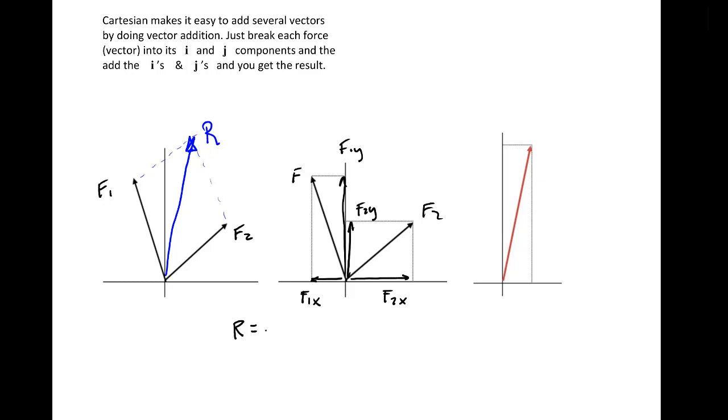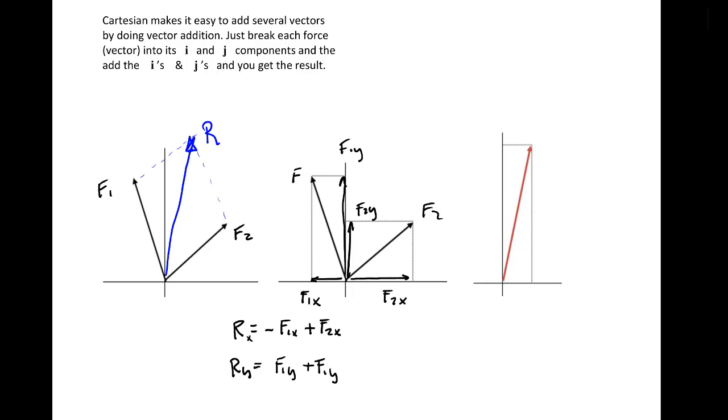So that would be minus F1x plus F2x. The reason that's a negative is because in this case it's pointing in the negative x direction, so we put a negative sign in there when we find the magnitude. The resultant in the y direction is going to be the component in the y direction plus the other component in the y direction.